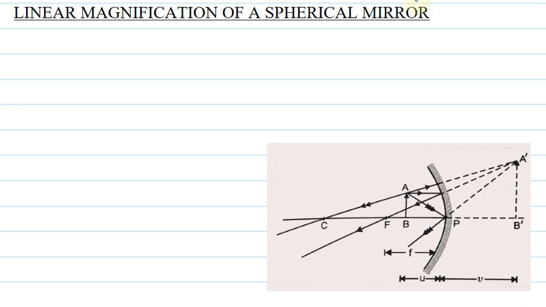Hello everyone. In this video, let us see magnification of a spherical mirror. We can define linear magnification as the ratio of size of image to the size of the object.